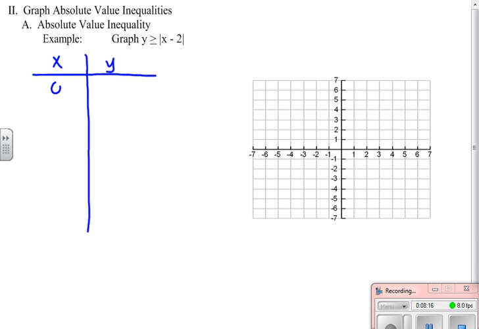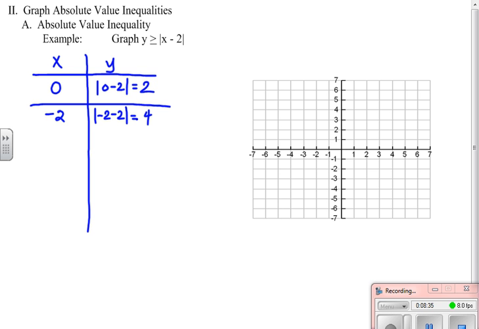So if I put 0 in, I get 0 minus 2, which is negative 2, which is 2. If I put negative 2 in, I get negative 2 minus 2, which is negative 4, which is positive 4.